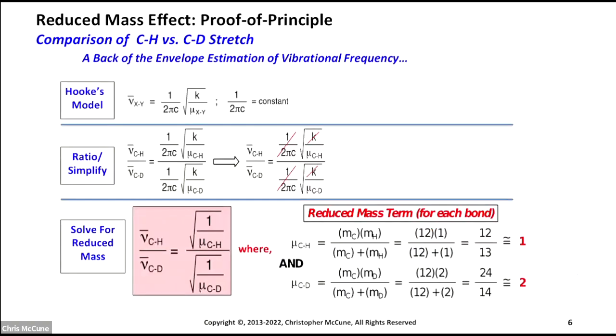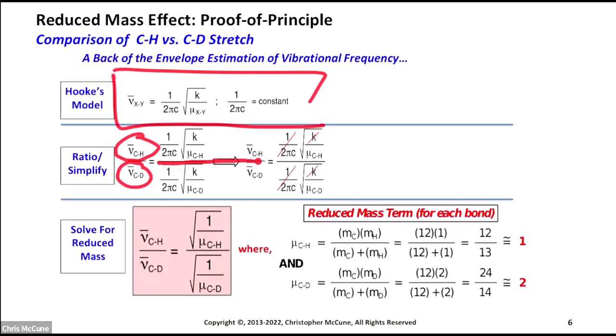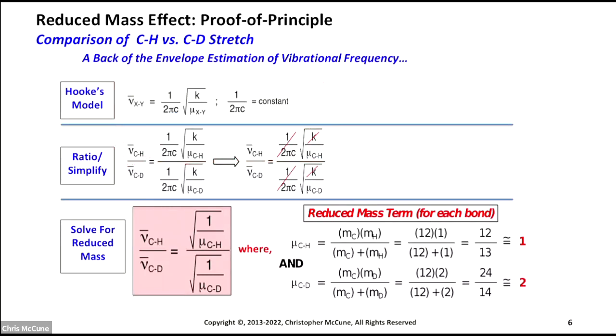All right, so applying the Hooke's model, we've got the equation shown, and I'm going to set up a ratio. I'm going to apply this equation to both cases here. You can see I've set up the problem 2 different times because I wanted to look for a ratio.